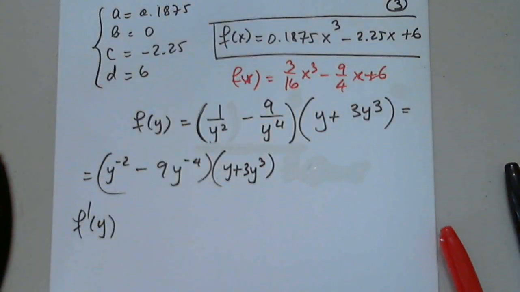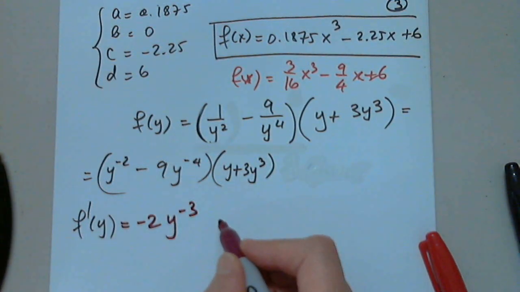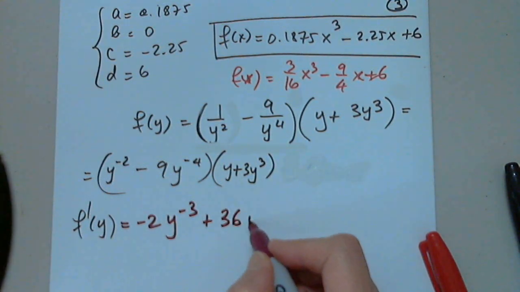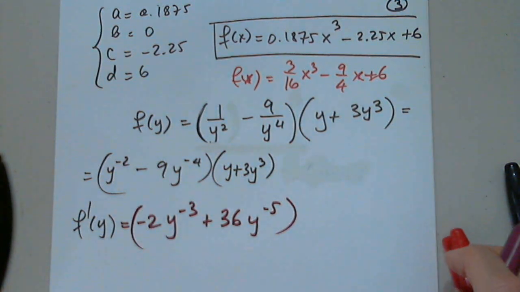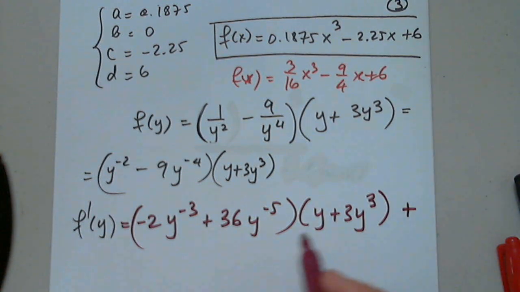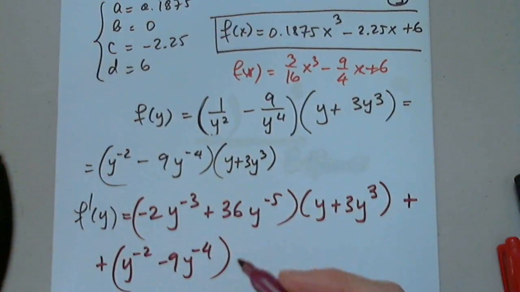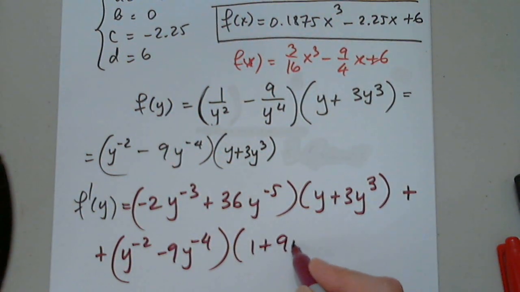You can stick with your own method, it's fine. So I have negative 2 y to negative 3 plus 36 y to negative 5 times y plus 3 y to the third, and then plus the first function y to negative 2 minus 9 y to negative 4 times the second function prime, which is 1 plus 9y squared.